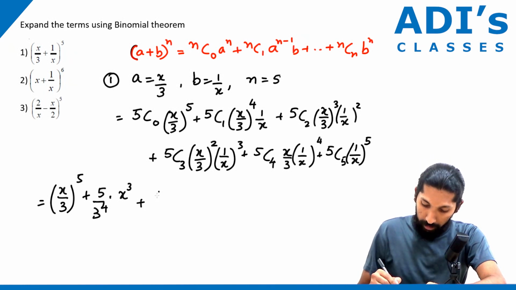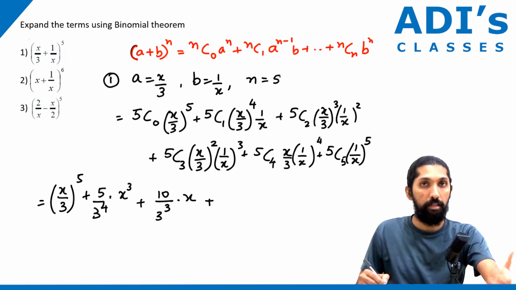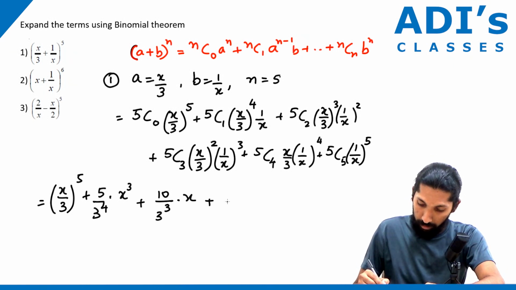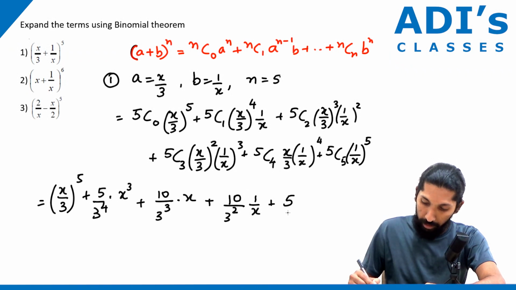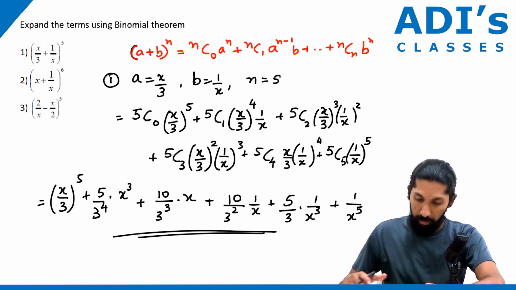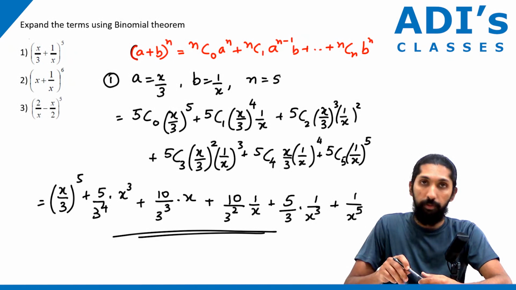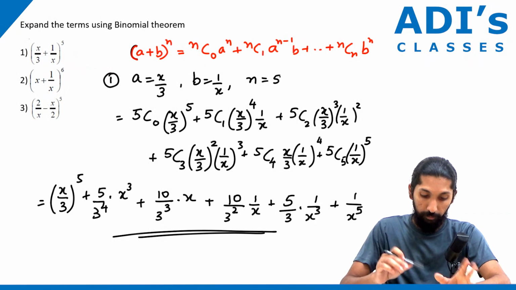Now you have 10 divided by 3 cube into x^3 by x^2, plus 5C3, which is the same as 5C2, so that's 10 divided by 3 square into 1/x, plus 5 divided by 3 into 1/x^3, plus 1/x^5. This becomes the final answer. See, no need of taking LCM or simplifying whatsoever. This is good enough. So this is going to be the final answer for the first question.